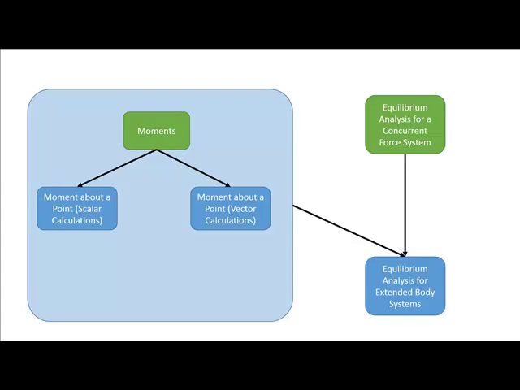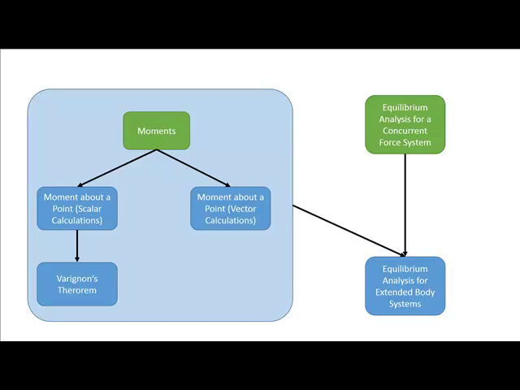All right, so generally our scalar calculations are going to be better for 2D systems, while our vector calculations are going to be better for 3D systems. It's just the easier way to deal with it in either of the two setups. All right, so also with scalar calculations, we are going to use something called Varignon's theorem.